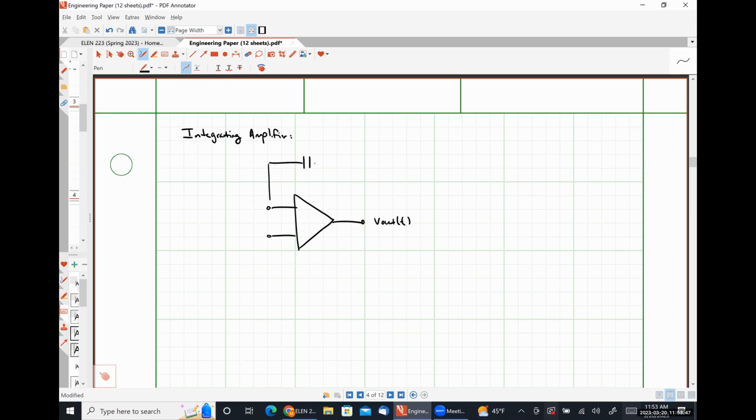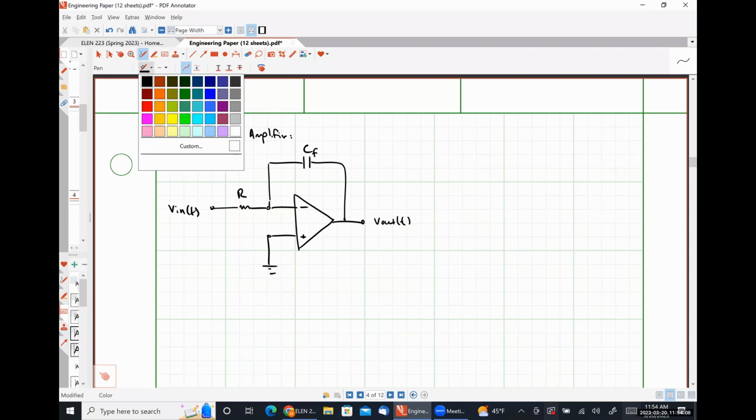So now we're going to have a capacitor up here. Call it CF just for the sake of argument. Minus plus Vn of t.